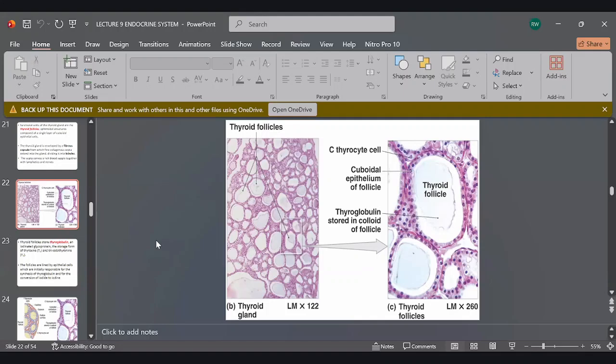And then in between follicles on the upper side, we have the C thyrocyte cell, and the middle area is the thyroglobulin stored in the colloid of the follicle. Yes, that is what I can say.